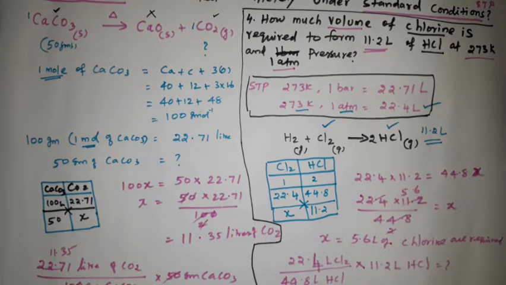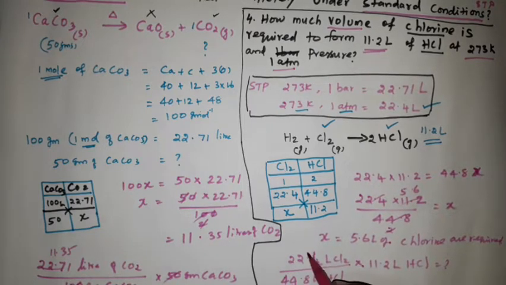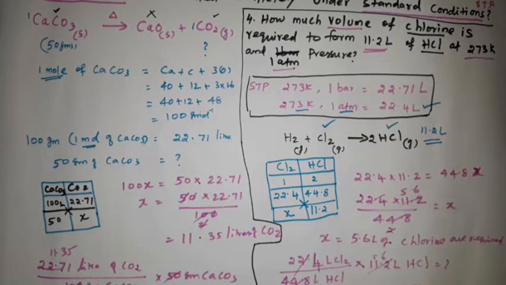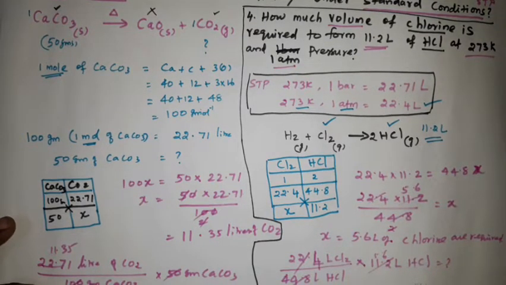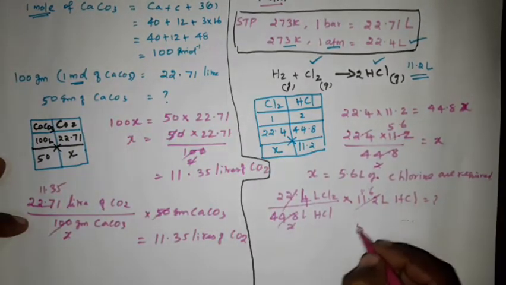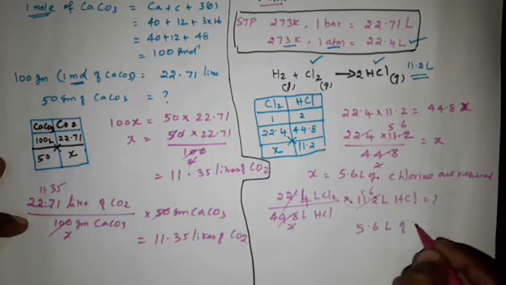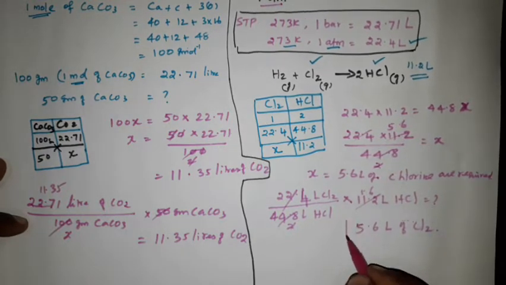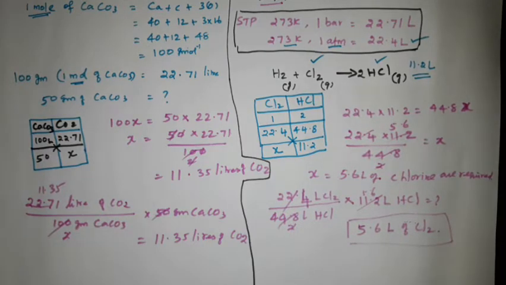Okay. So answer will come to 5.6. Answer will be 5.6. So that answer will be 5.6 liter of chlorine. Okay, students. So this is the final answer. This is very simple. Okay, students.